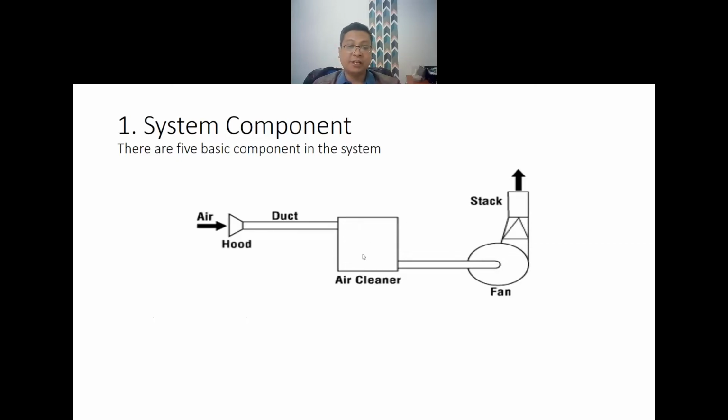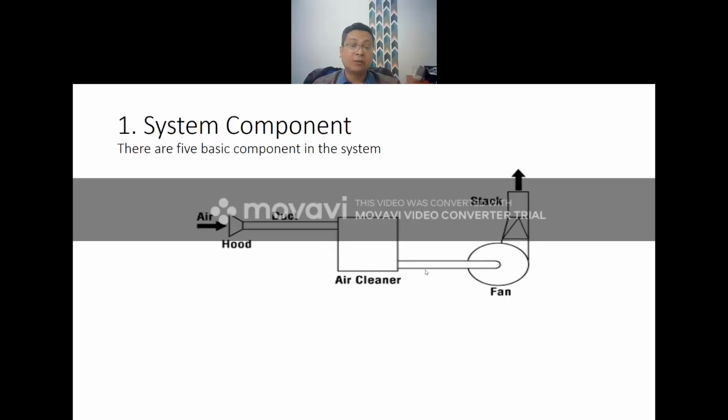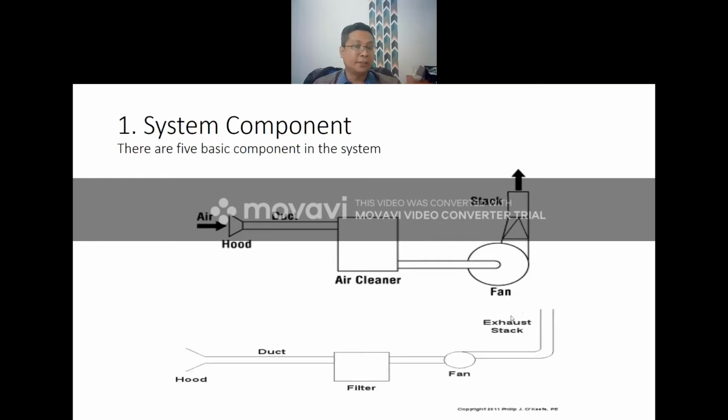We put a filter here, and after we consider this one is ready, pass to the air quality, and then we try to send it to the outside by the fan to the environment.